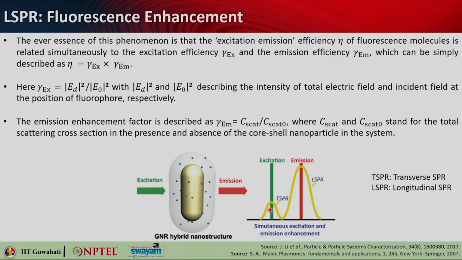So that is where they got one resonance, and they have also got the longitudinal surface plasmon resonance to match the emission wavelength. So this is how they were able to boost up both, and that has dramatically boosted the efficiency of fluorescence. So that is, eta was boosted by double impact on excitation efficiency as well as emission efficiency.